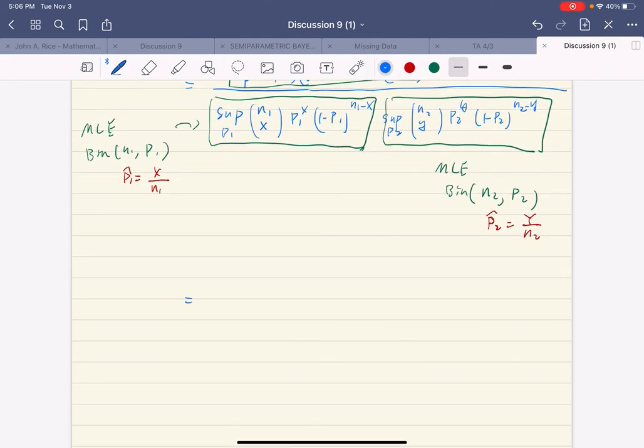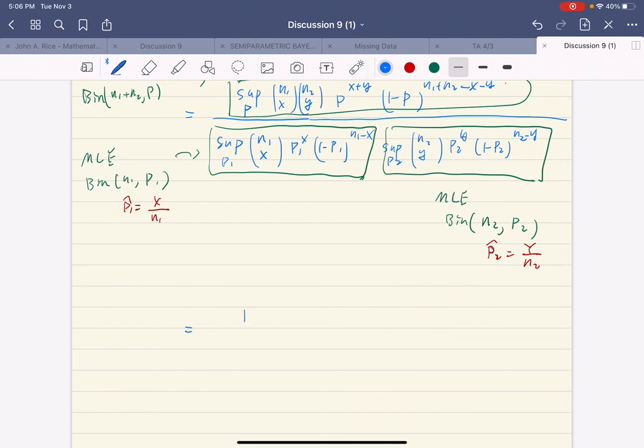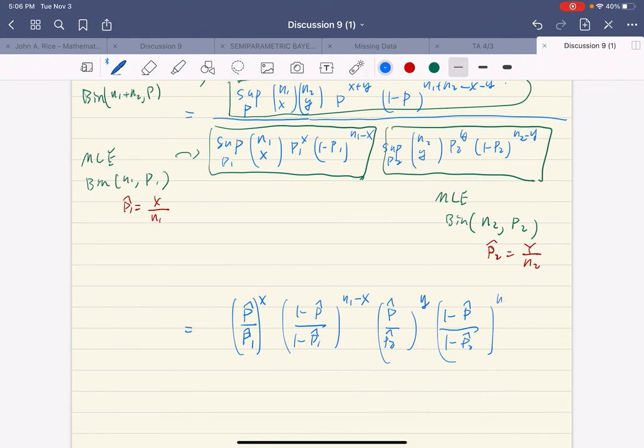So we can do some algebra. It can become p hat over p1 hat to the power x, times 1 minus p hat over 1 minus p1 hat to the power n1 minus x, times p hat over p2 hat to the power y, times 1 minus p hat over 1 minus p2 hat to the power n2 minus y.